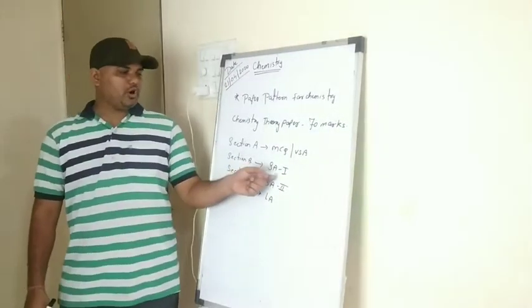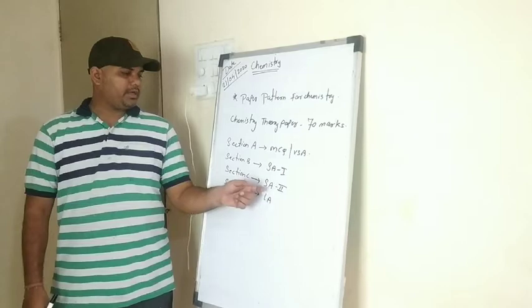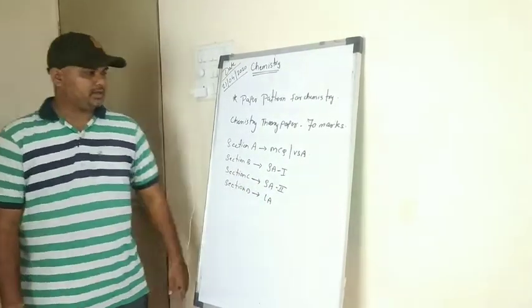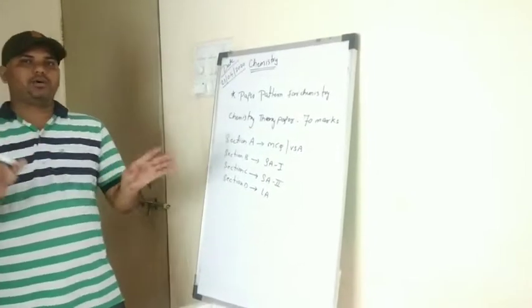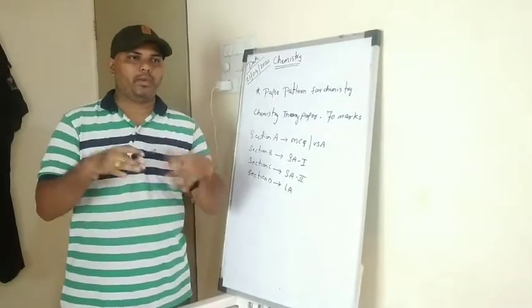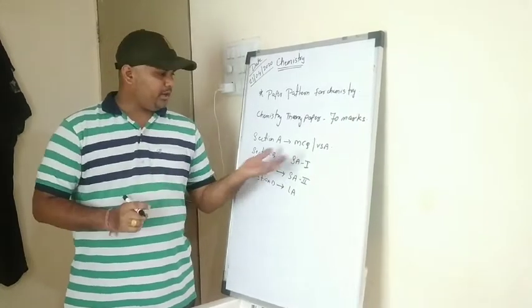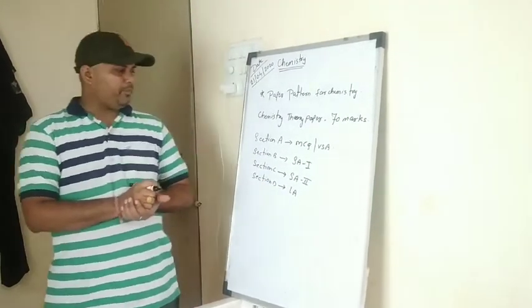Essay 1 means short answers 1, Essay 2 means short answers 2, and LA means long answers, right? This is a kind of CBSE pattern, which especially the CBSE students might be familiar with.